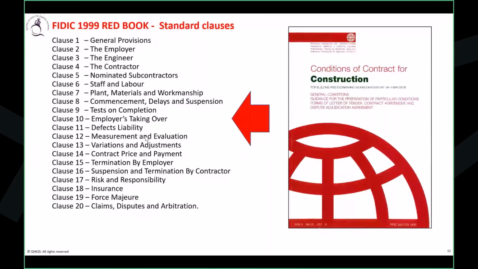The 1987 version is an old, complicated version. The 2017 version is the latest, not that complicated, easy to understand, but bulky. 1999 is in between. It's not easy, it's not so complicated. If you learn 1999, you will be able to understand 1987 and 2017. So that is the reason I have chosen the 1999 version.